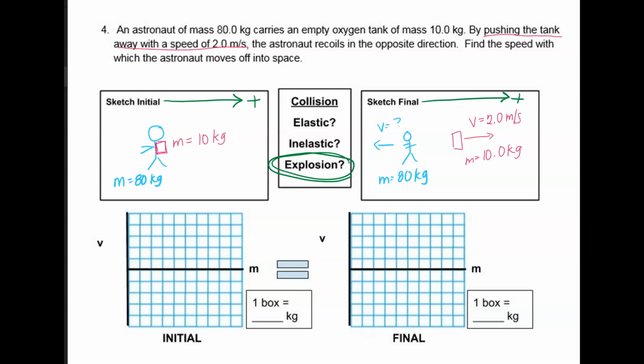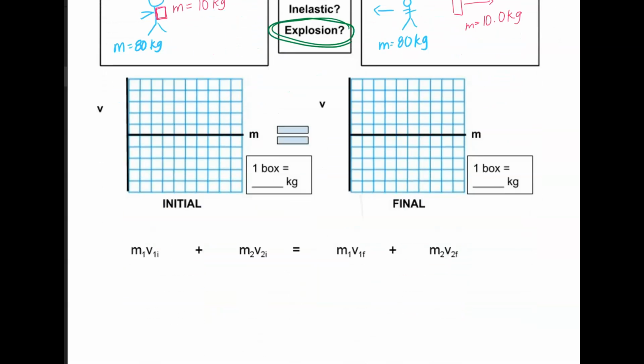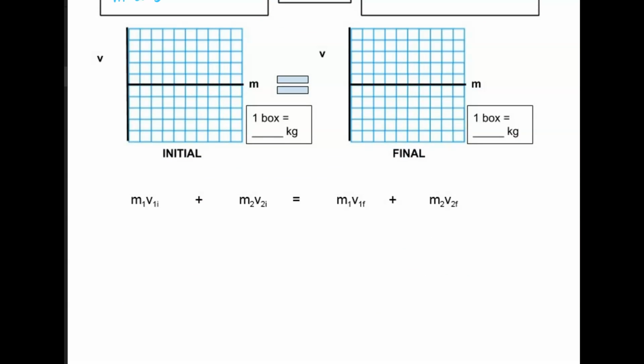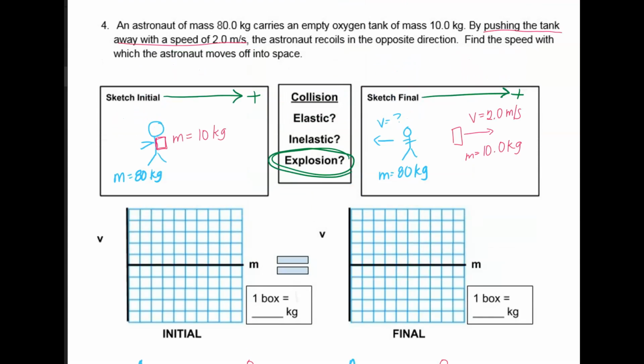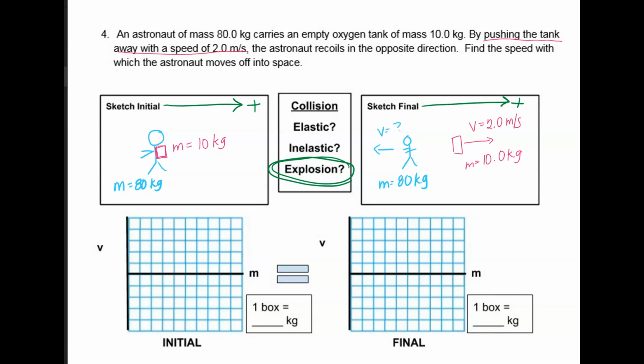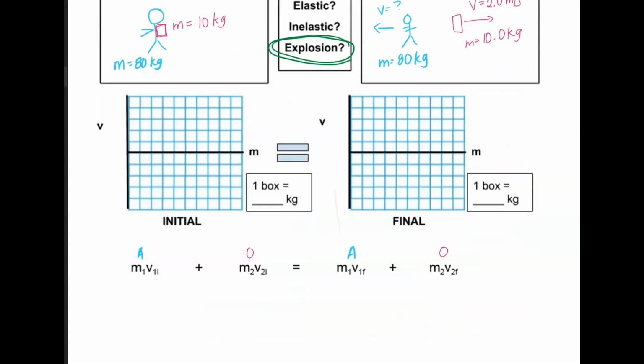So from here, I like to do the algebra part next. I'm going to say this is the astronaut and this is the oxygen tank. So the astronaut will be 1 and the oxygen tank will be 2. In the first part, we can assume that they're just hanging out in space, so their velocity will be 0 until they push apart.